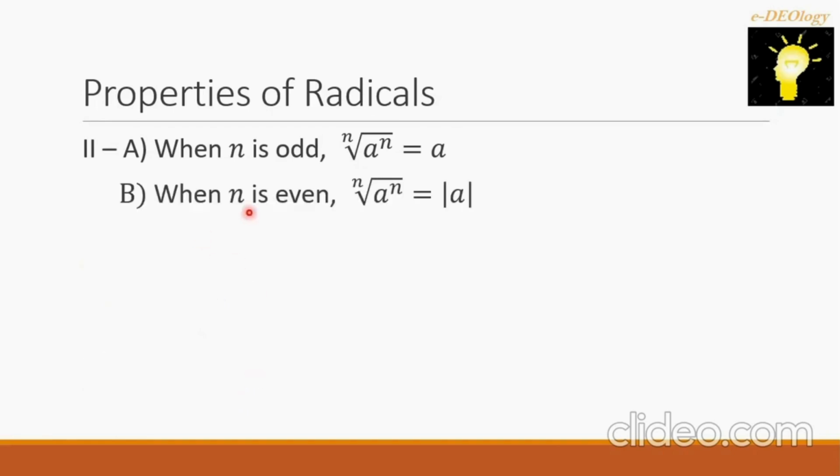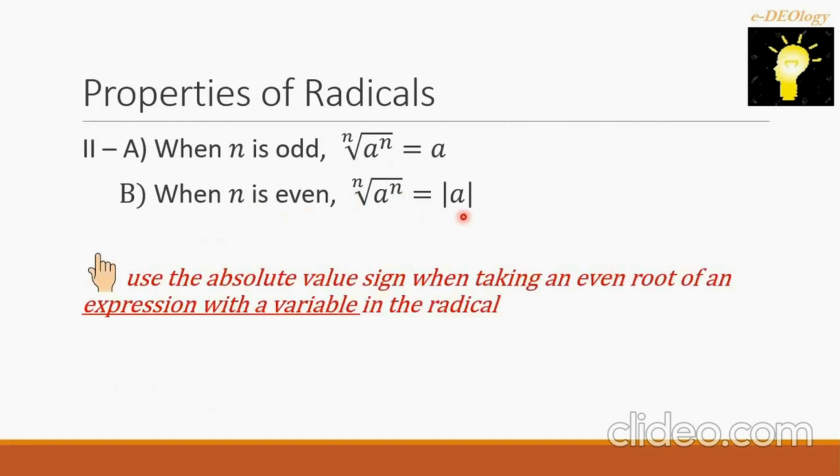What about when n is even? So this is the nth root of a raised to n is equal to the absolute value of a. Take note, we will use the absolute value sign when taking an even root of an expression with a variable in the radical.